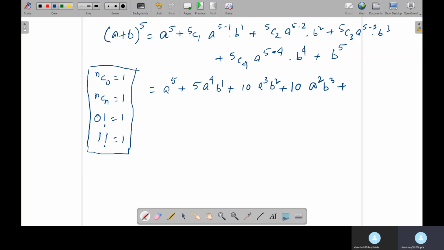Now 5C4 is 5 a to the power 1 and b to the power 4, plus b to the power 5.